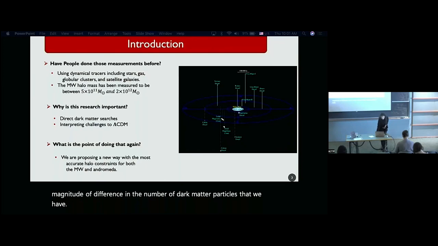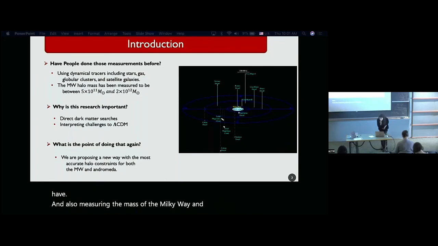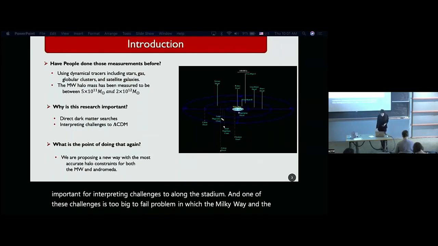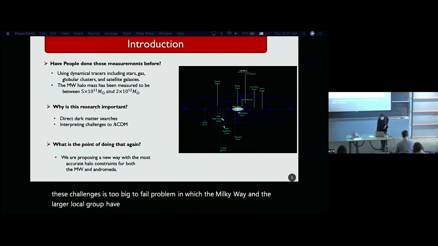Measuring the mass of the Milky Way and Andromeda is also important for interpreting challenges to Lambda CDM. One of these challenges is the too big to fail problem, in which the Milky Way and the larger Local Group have too few dense satellites compared to Lambda CDM simulations.